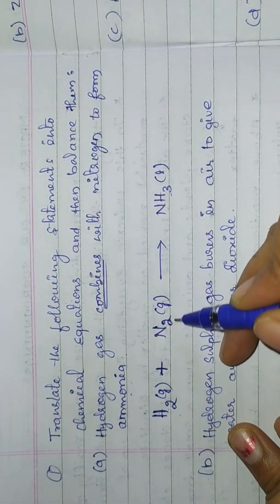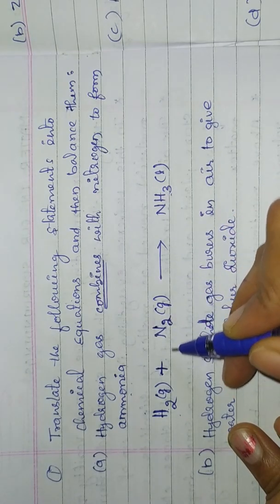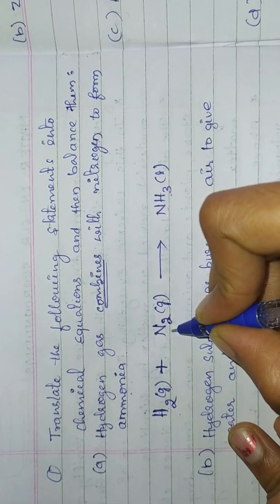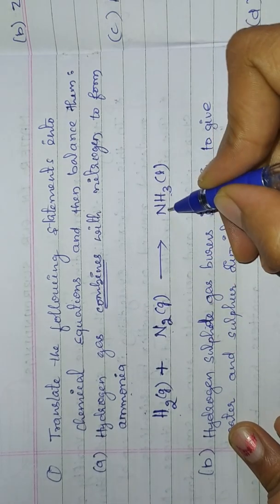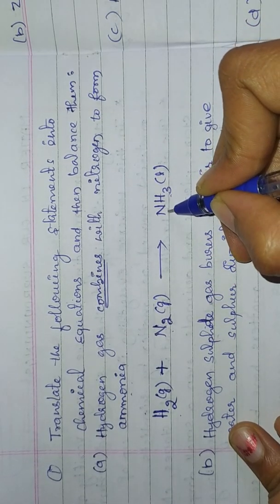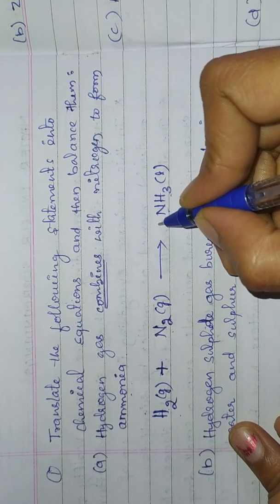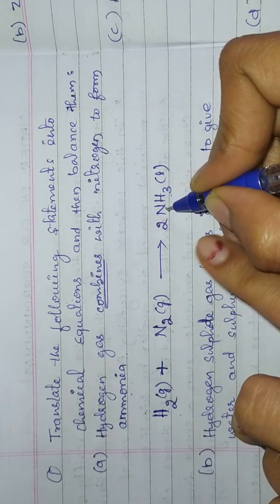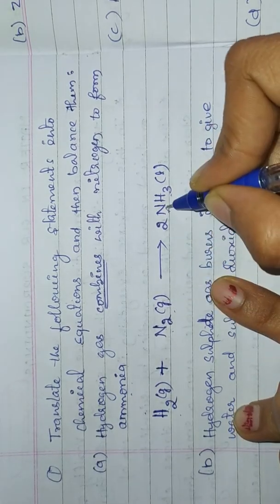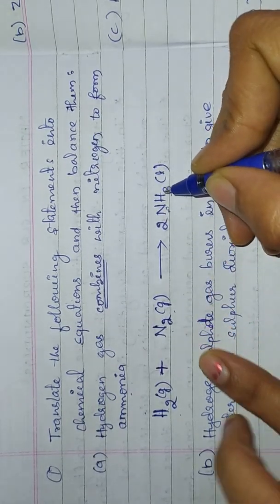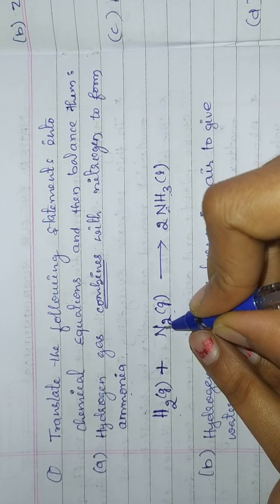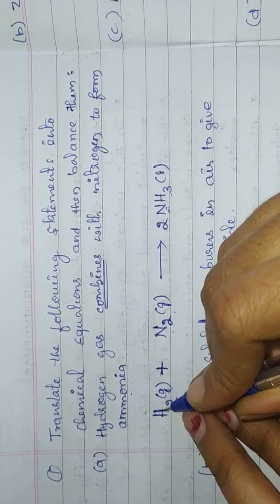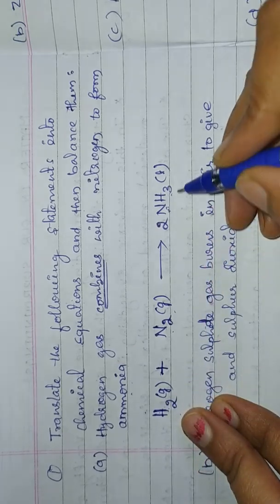Now we have to balance the chemical equation. See here, on the reactant side 2 nitrogen atoms are there, but on the product side only 1 nitrogen atom is there. So we have to multiply by 2 so that the number of nitrogen atoms in reactants and products becomes equal. Now we have balanced the nitrogen, but the hydrogen atoms are imbalanced.